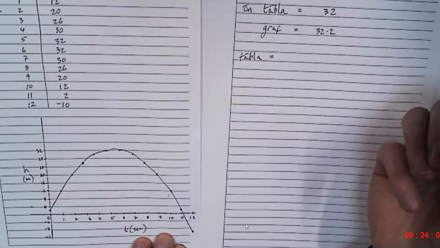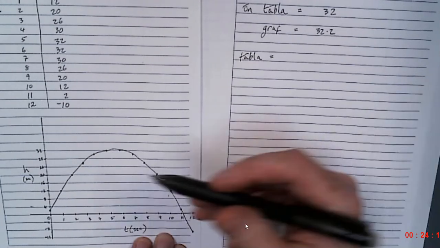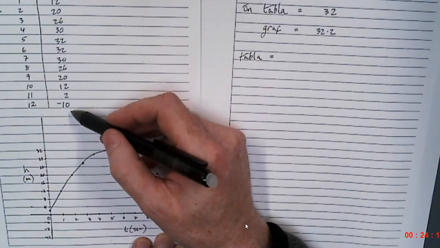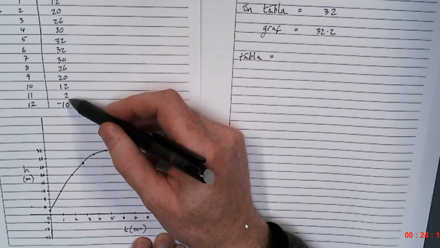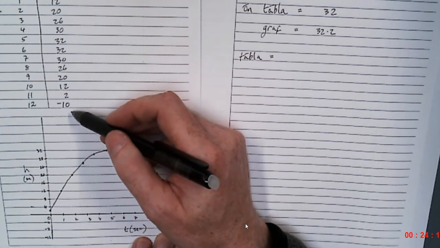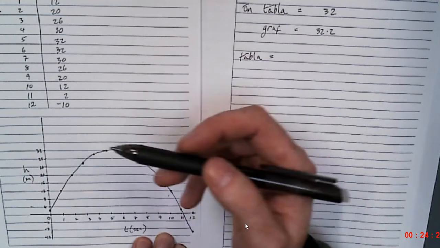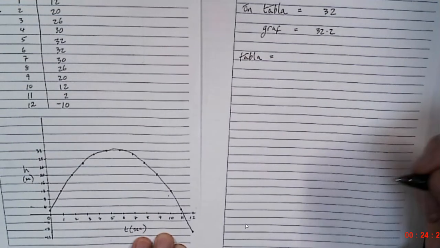What would be your estimate? Really good motion. Definitely the height is minus 10. So 11.5 would be minus 6, so between them, 11.2.